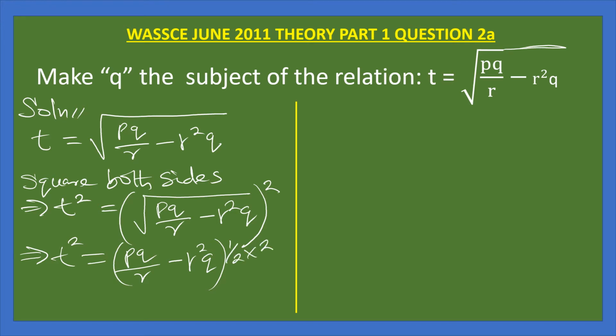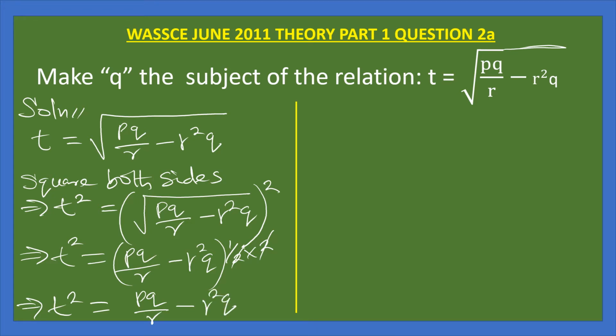Because the square root sign is the same thing as taking this equation to power half. So we bring down this 2. This 2 will cancel this 2. We now have that T squared is now equal to PQ over R minus R squared Q.